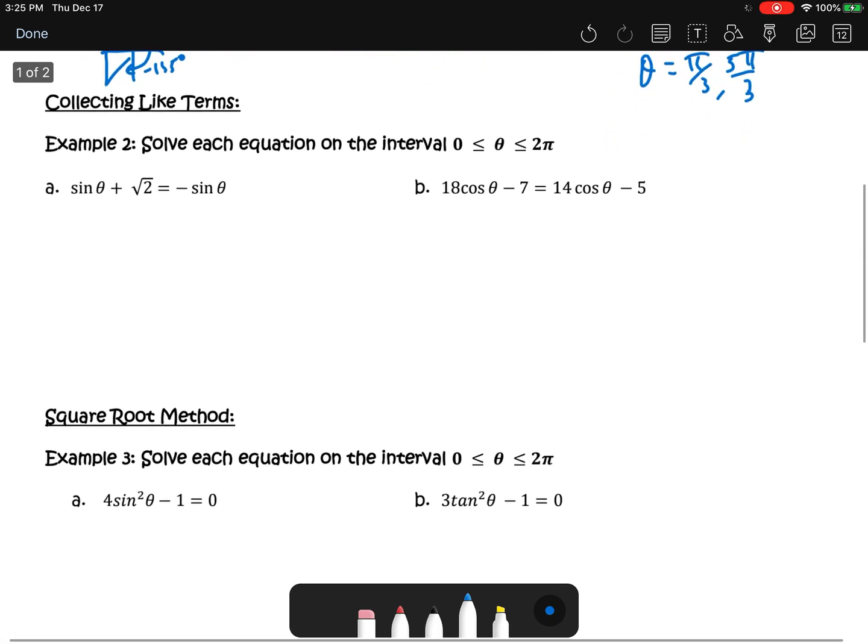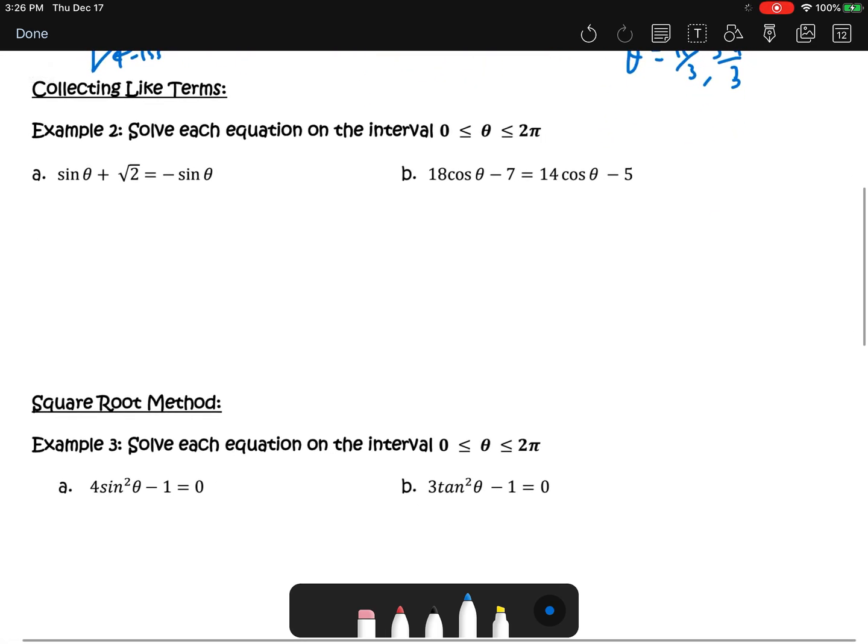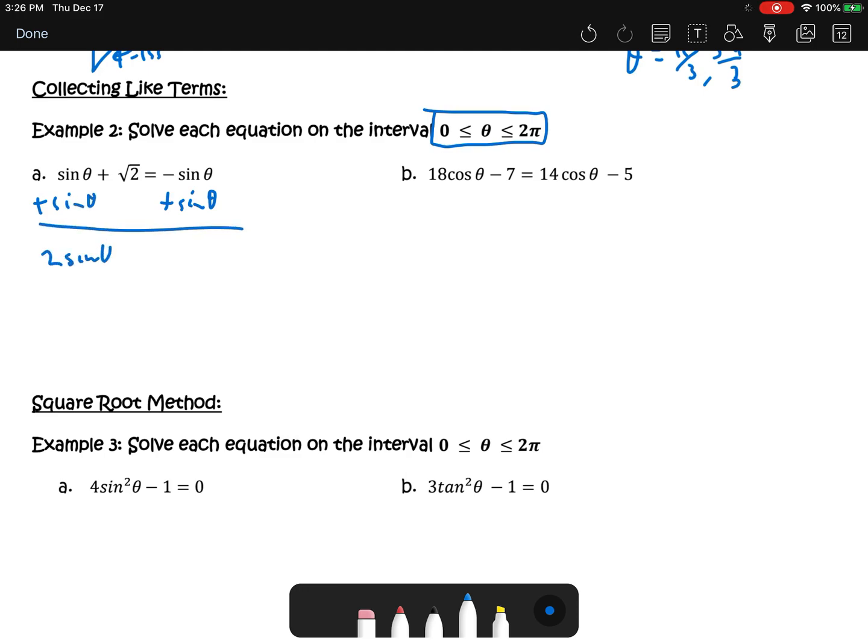Now example 2, solve each equation on the interval 0 to 2 pi by combining like terms. Collecting like terms, I'm not going to be really able to combine them. So I'm going to get the sines together. So I'm going to add sine and add sine. Well, that's 2 sine theta plus radical 2 equals 0. So 2 sine theta equals negative radical 2.